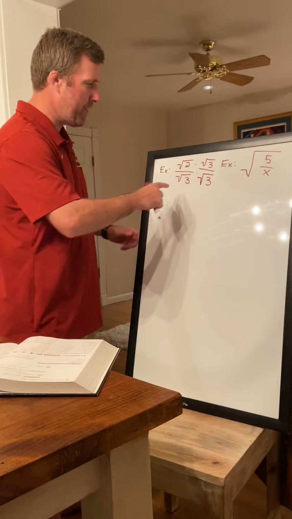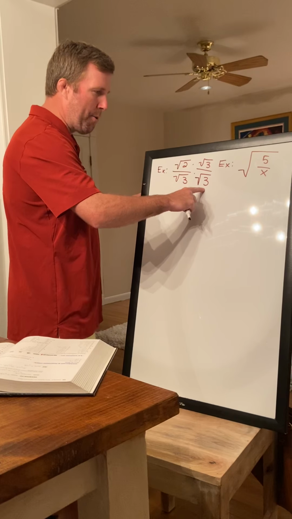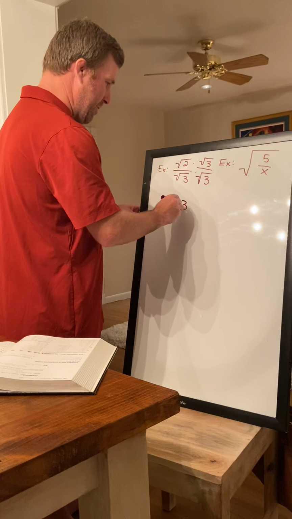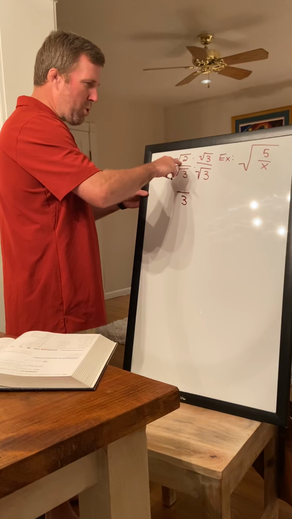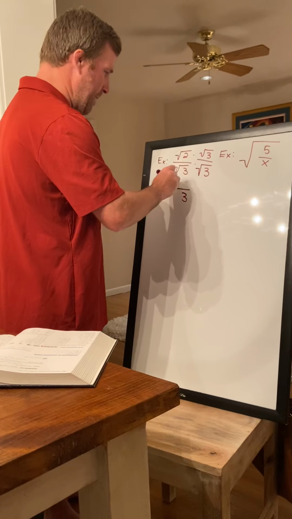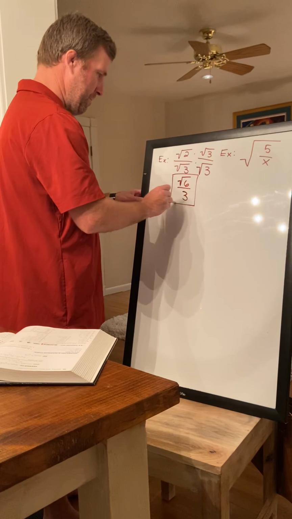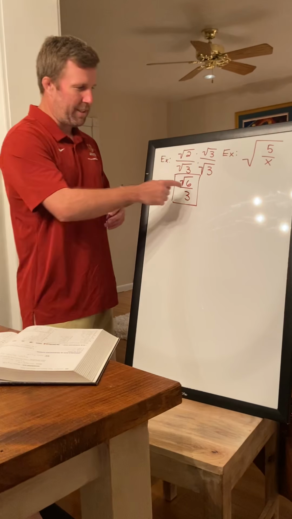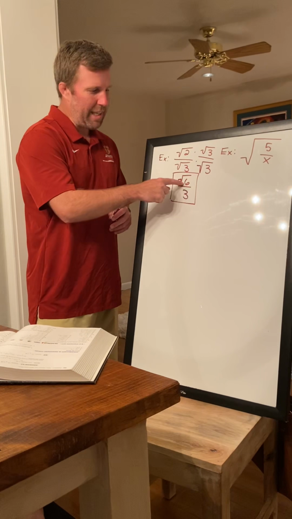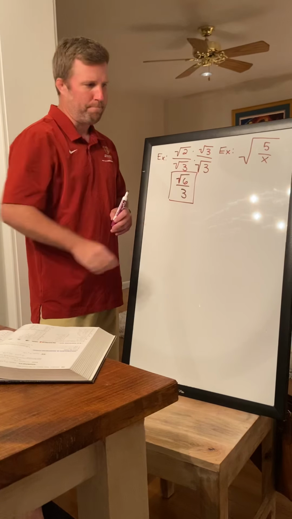So watch this. The square root of 3 times the square root of 3 is 3. And the square root of 2 times the square root of 3 is the square root of 6. Now, obviously, this 6 and 3 can't be reduced because that 6 is under the radical, okay?